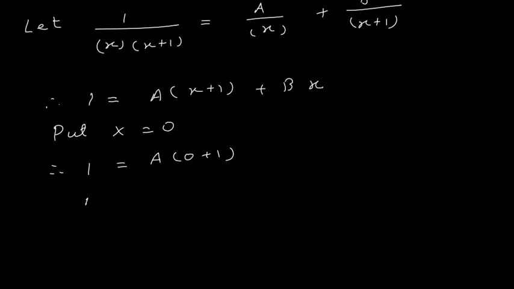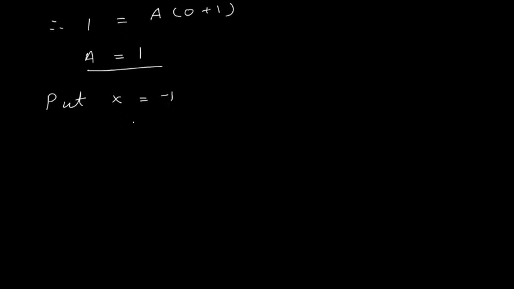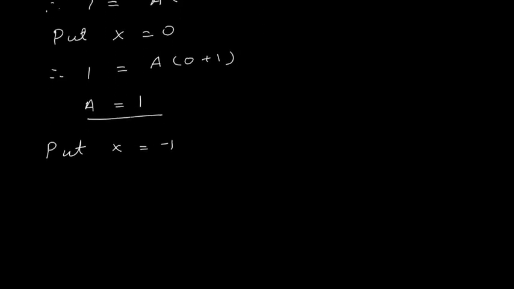Now we put x equal to minus 1. So we have 1 equals, this part will become 0, minus b. So the value of b is minus 1, and the value of a is 1.